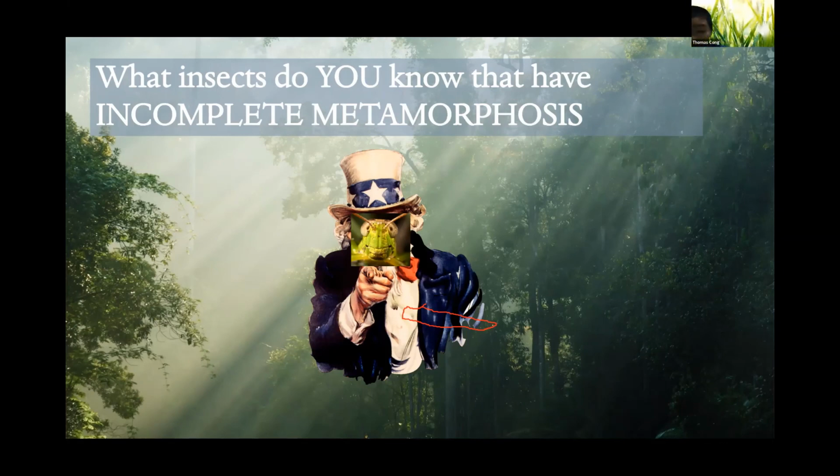And here was dragonfly. Somebody already said dragonfly before, and I said yes, it is incomplete metamorphosis. So somebody just said its name is called cicada. Cicada. Okay, I'm not very good at English pronouncing.